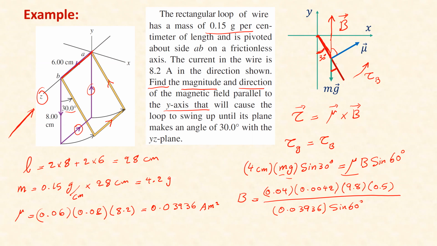All right. We can approximately cancel this with that. And yeah, you get about 1 point something millitesla. All right, you can calculate that.